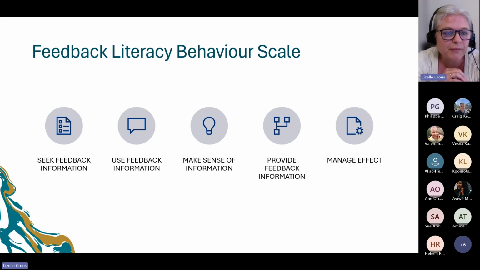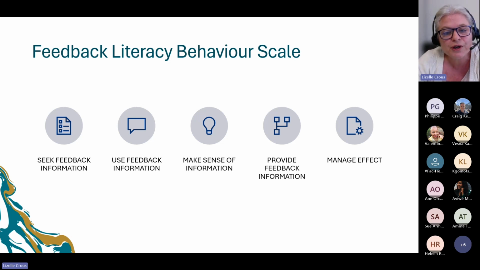Making sense of information: processing, evaluating, and interpreting feedback information. The use of feedback information: putting feedback information into action to improve the quality of current and future work. Provide feedback information: considering the work of others and making comments or judgments about its quality. And then lastly, managing affect, which is persisting in feedback processes despite the emotional challenges they pose.